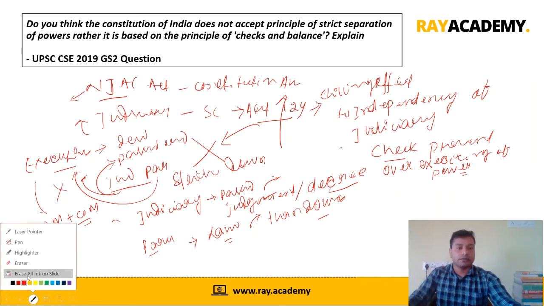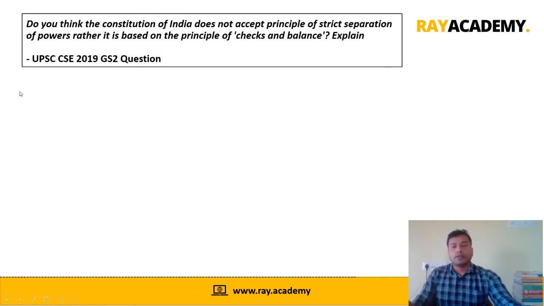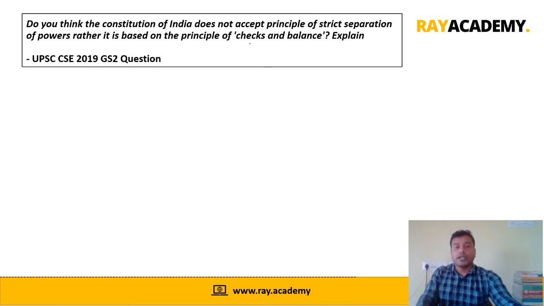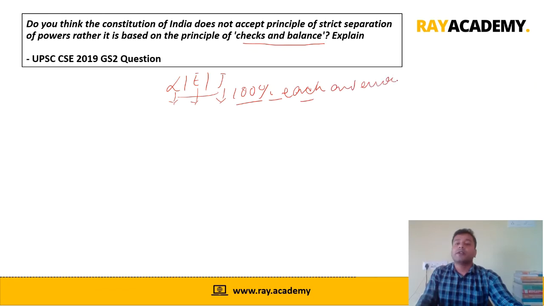Generally, though we have checks and balance, it is not expected that the three wings of the government, legislature, executive, and judiciary, will fight with each other. No doubt, the constitution is not 100% clear on the role of the legislature, executive, and judiciary, and it has not explicitly laid down each and every role.